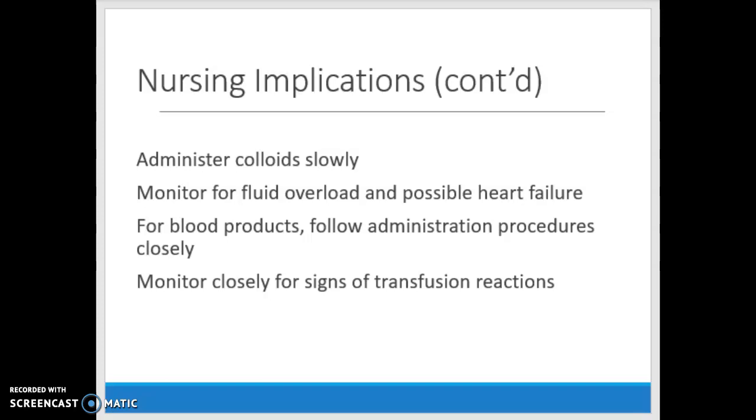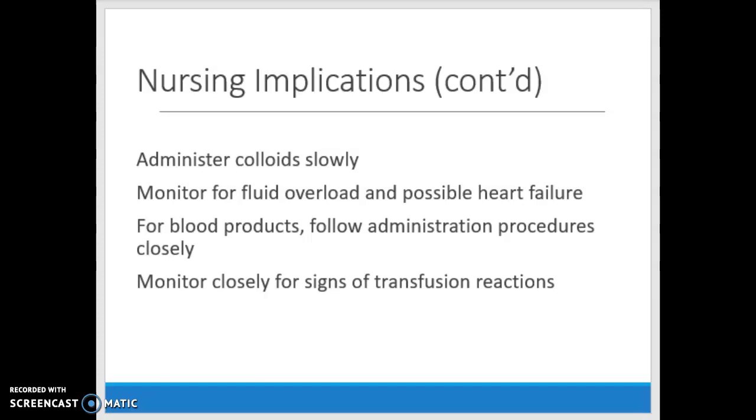For blood products, we follow administration procedures very closely. Typically, blood products require 2 licensed nurses to verify the blood's type and cross-match and that it matches the patient's blood type. So we also monitor more closely with the vital signs while administering blood and blood products.